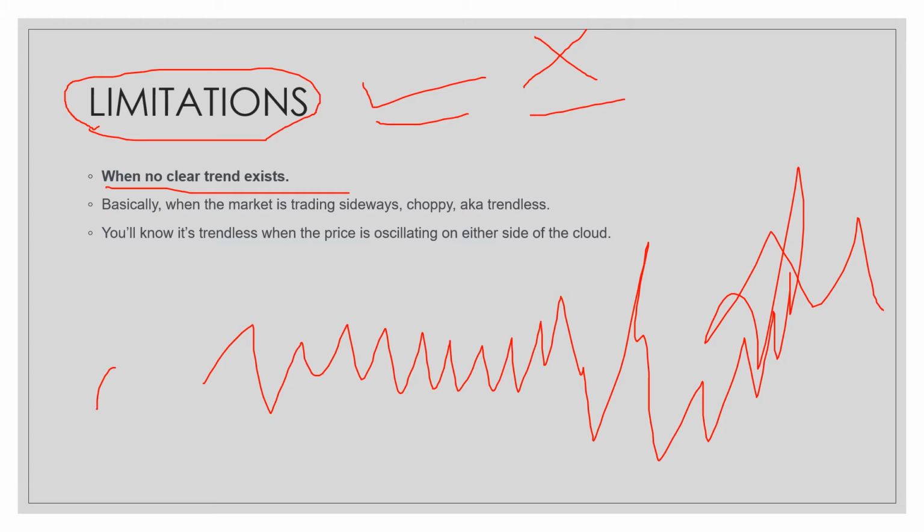We need a trend, let it be a bullish trend or a bearish trend. We can use the Ichimoku system in those conditions.